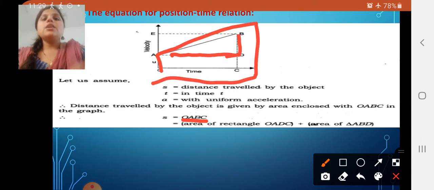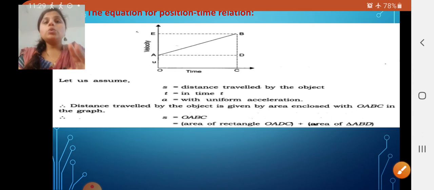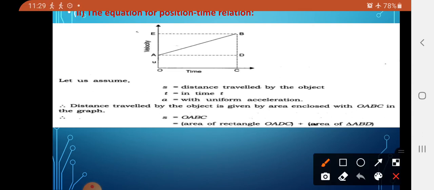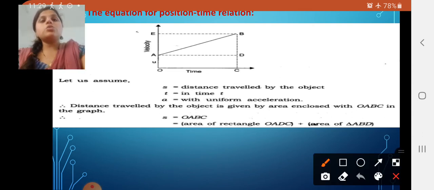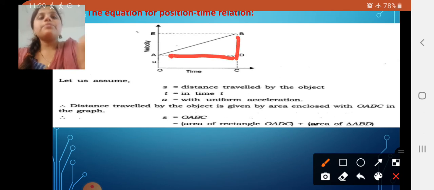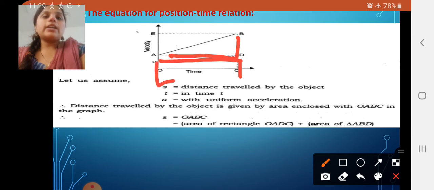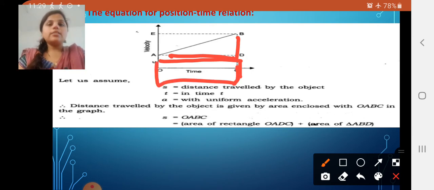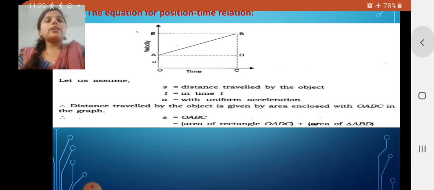In OABC itself, two types of areas are there. The first one is the triangle, and the other is the rectangle. Yes, dear students, we can check here two types of areas.